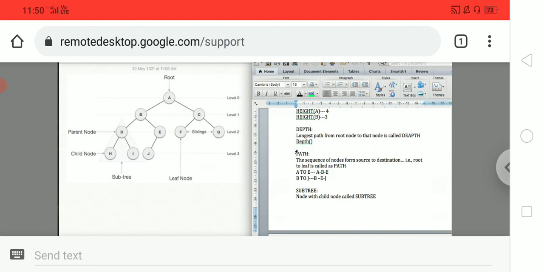Here A is a tree and A contains so many nodes, and we already know B and C are the children of A. For B there are other children, for D there are other children. Comparing it to this, from B to J, this is a subtree and D is a subtree. So in this way we can find out the subtrees.